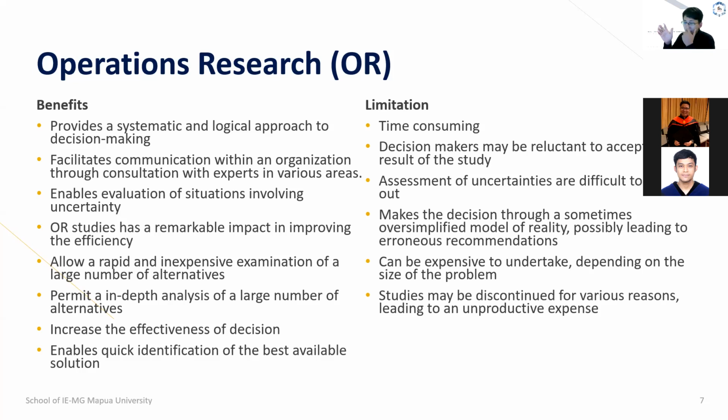For example, if you want to make a facility location decision, first you need to tell them, this is the factor that I'm going to consider for deciding which facility will be best for your organization. And after that, the data, you process it this way, and you model it this way. Those are systematic and logical approaches, and it will be acceptable and make sense for the decision makers.